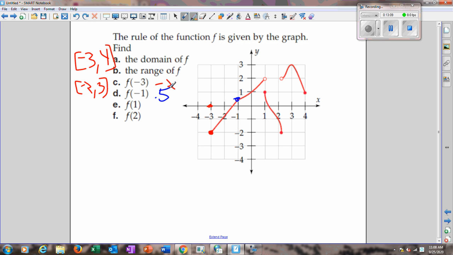Part E, when f is 1, when x is 1, what is y? So when x is 1, I have this point here that's closed, and I have this one that's open. Because this one up here is open, that tells me that it's not actually at x is 1. So that means that it has to be the one below it, or this one here.